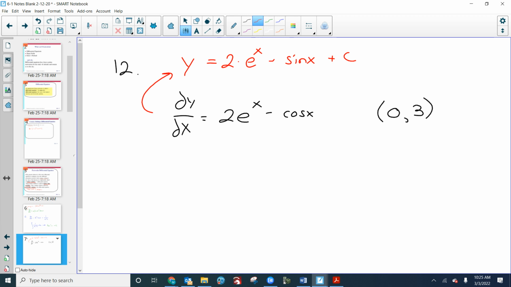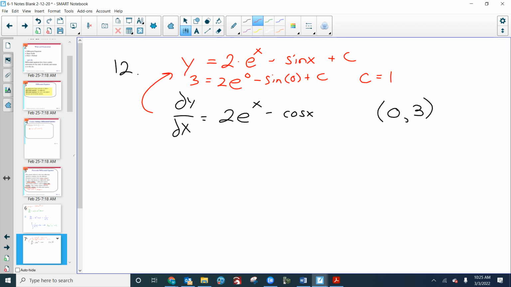All right. And then plug in 0, 3 to solve for C. 3 equals 2e to the 0 minus sine of 0 plus a constant. What's e to the 0? Good, 1. 2 times 1, 2. Minus sine of 0. You should not have to stop and think about that. What's sine of 0? 0. 2 minus 0 plus C. Subtract 2. C equals, careful, 1.